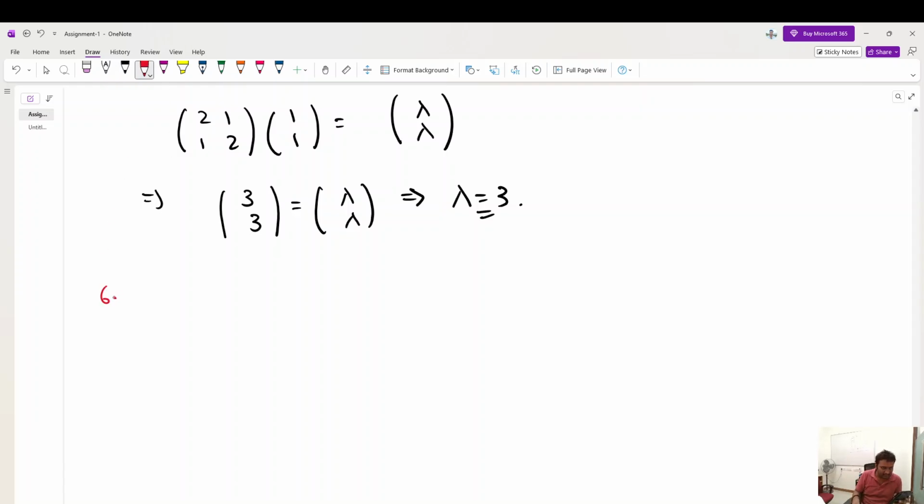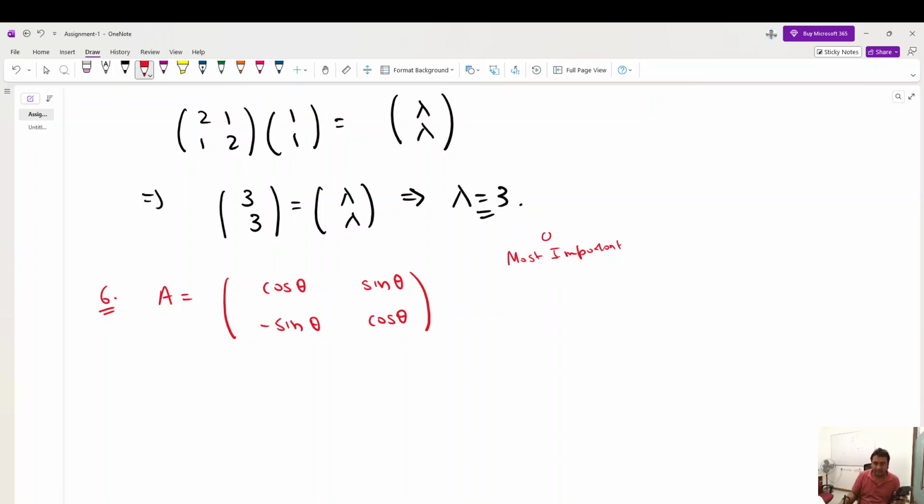Okay, now let us come to the final problem. You are given A equal to cos theta, sin theta, minus sin theta, cos theta. This is one of the most important matrices in geometry, algebra.